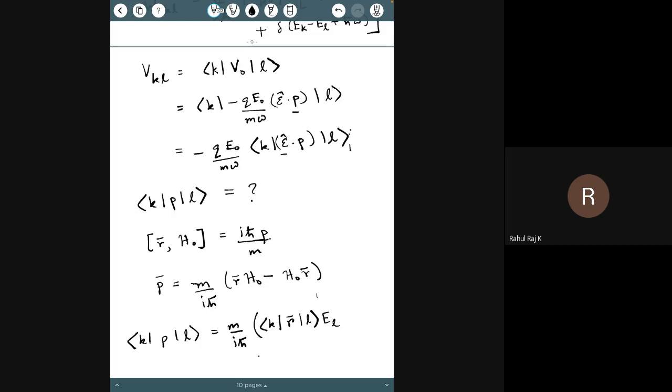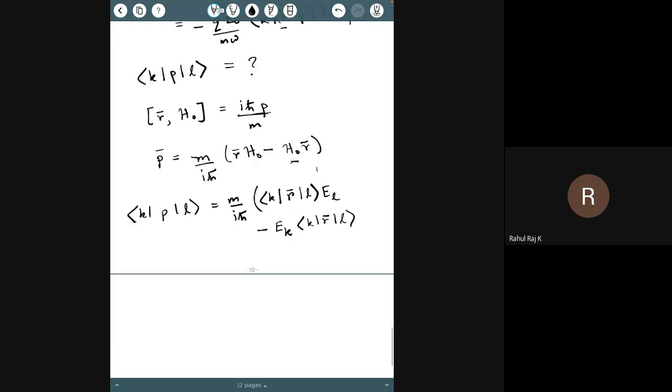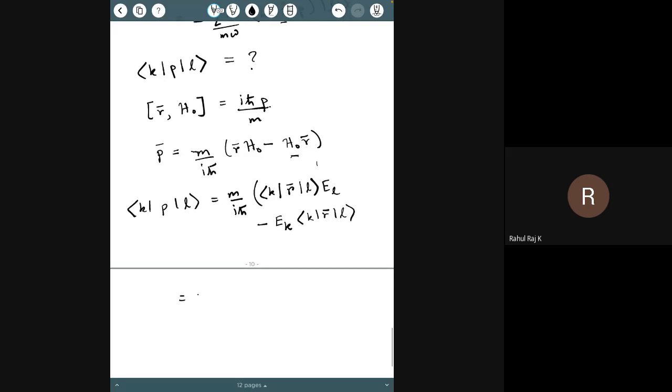Minus, now H0 is acting on the left, so EK into K R L. Fine. So this is equal to M by i h cross, EL minus EK, KRL.